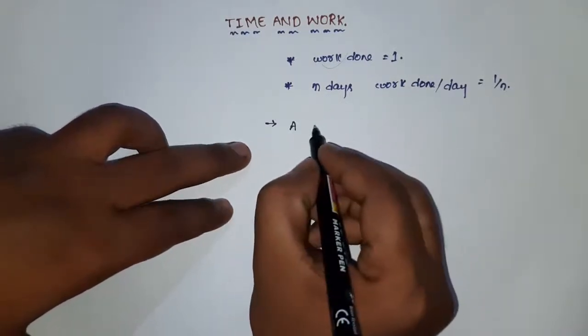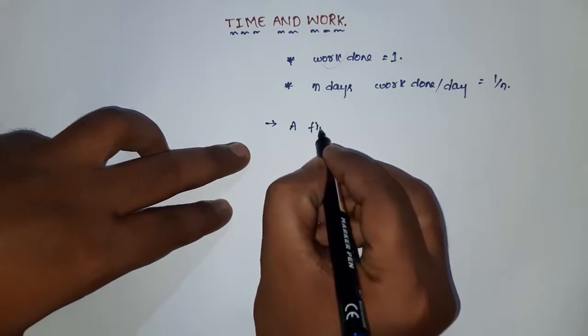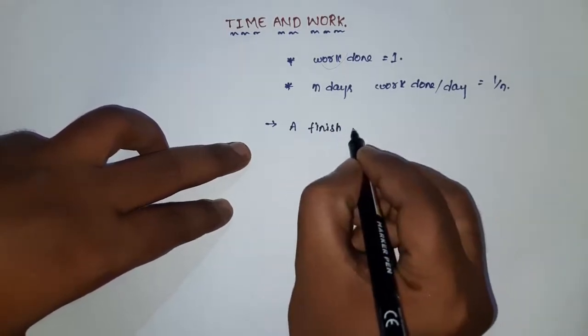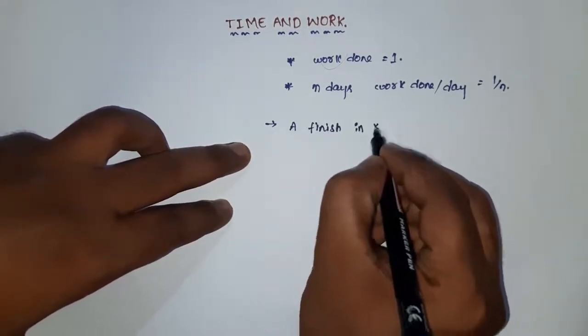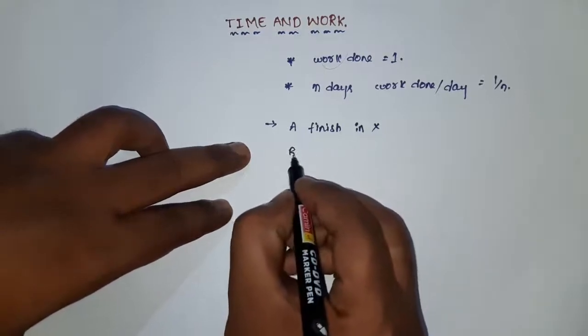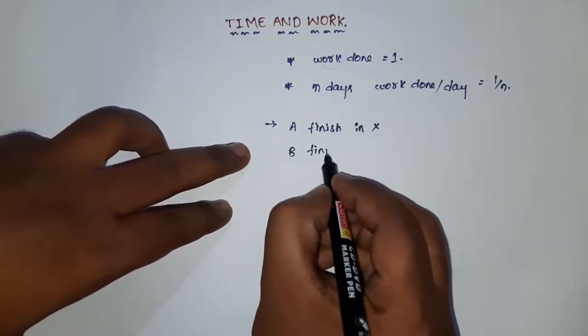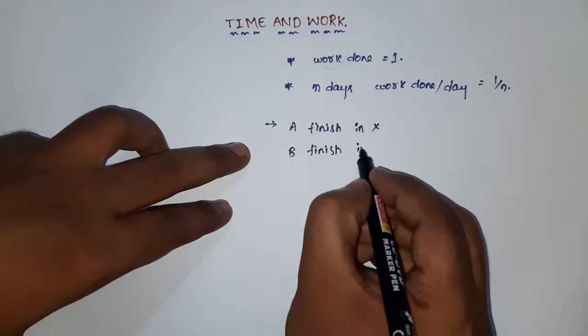So suppose 2 people are working together. Let us say A can finish work in X days, and B can finish the same work in Y days.